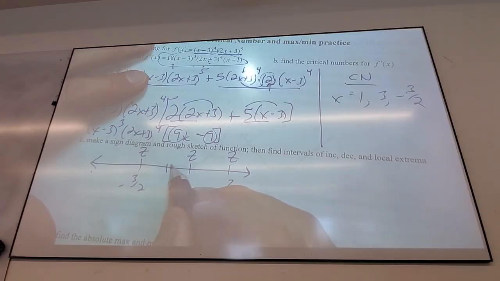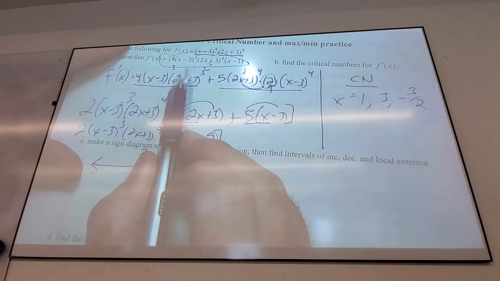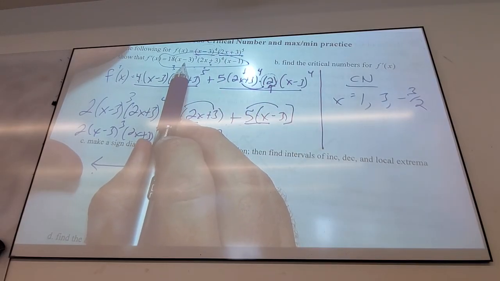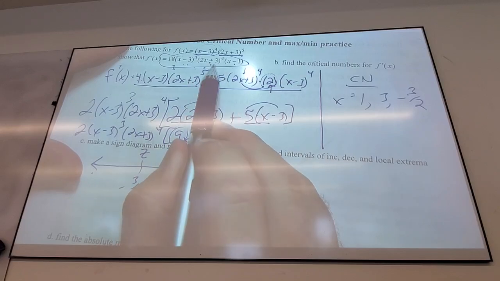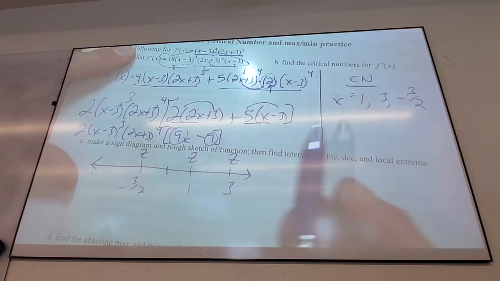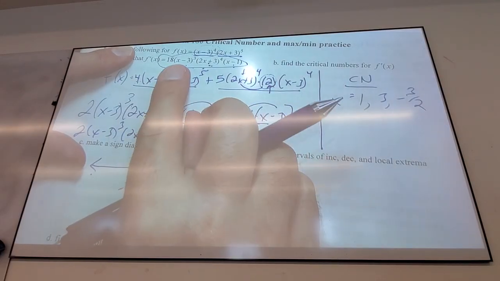So what do you get when you plug a 0 in? Positive. Don't worry about the AT. So when you plug a 0 in here, you get negative, positive, positive, negative. Negative times positive times negative is positive. So it's positive in here. Is everybody with me? If you plug a 0 in, I don't care about the number.